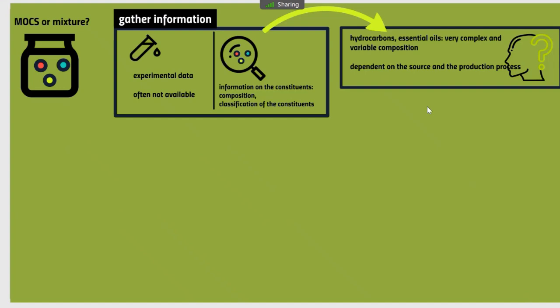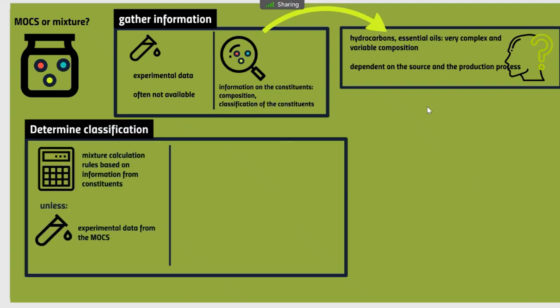That really depends on the source, for example the timing, where it is exactly obtained, and also the process itself, which is why these have variable compositions. So when you have gathered this information, you can determine the classification.